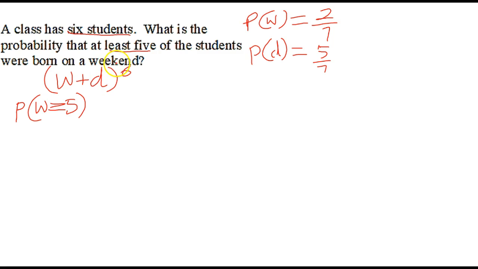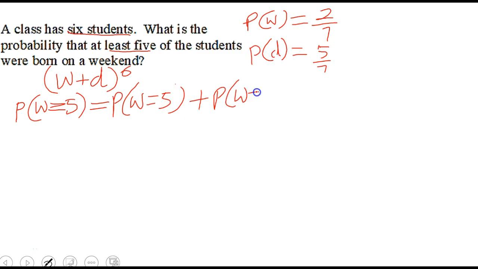So at least 5 is the smallest you can get, so 5 or 6, since the total is 6. So the probability of at least 5 is going to be the probability of exactly 5 people born on a weekend, plus the probability of 6 people born on a weekend. So then we add those two probabilities together.